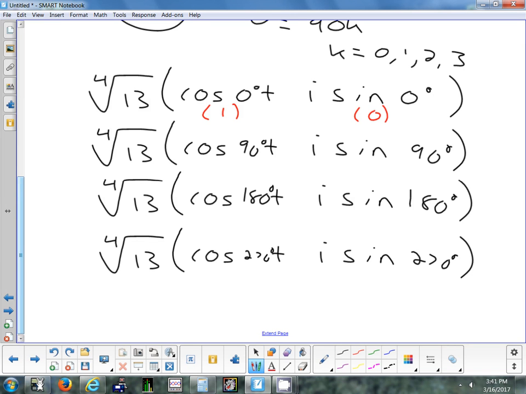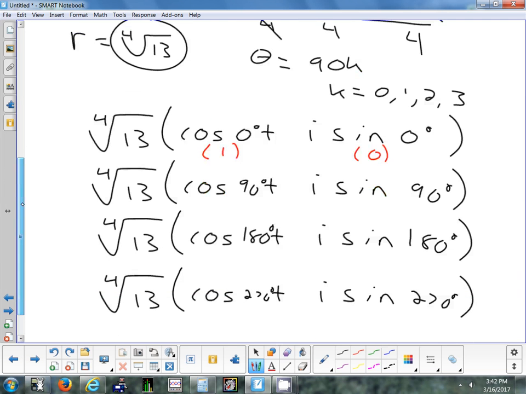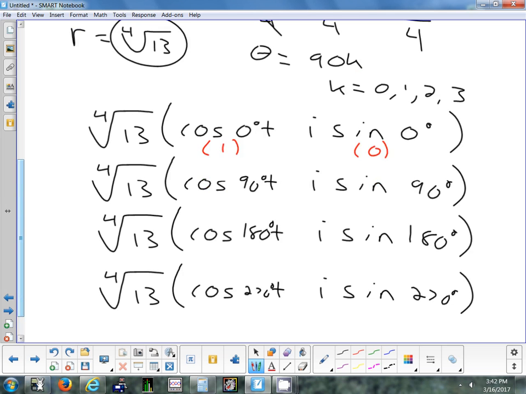What's 1 times the fourth root of 13? The fourth root of 13. So that's one of your answers in standard form. Any questions on how you convert those other ones? It's all going to be zeros and ones in the parentheses because the angles are all multiples of 90. Or it'd be negative 1? Yeah, you might get a negative 1. Okay, zeros, ones, and negative ones.